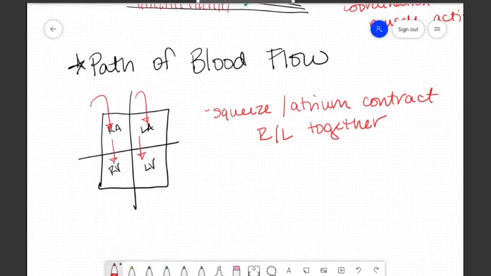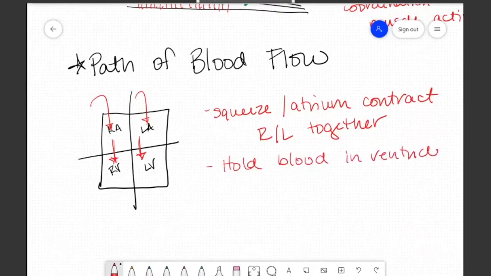So then blood is going to pool in our ventricles, because essentially if you think about cleaning something and you take a wet washcloth and you squeeze all of the water out, all of the water will flow down into the bucket. The bucket's going to be our ventricles. So then you will actually hold the blood in the ventricles at the same time. That will be right and left together.